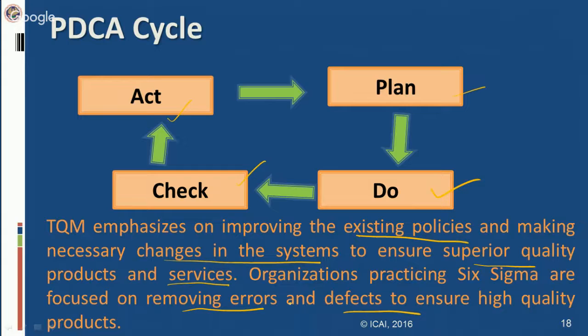So herein we have seen that the main focus of TQM is to maintain existing quality standards. They mainly emphasize that the existing quality standards are maintained. Whereas Six Sigma primarily focuses on making small necessary changes in the processes to ensure high quality products.